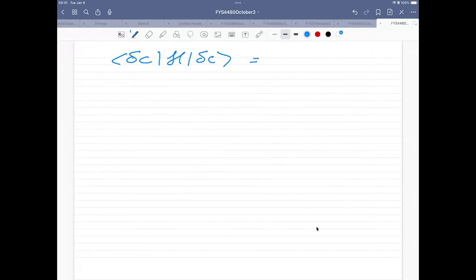This will contain one term where I have a_AI and some b_J, and then there's going to be a delta C_IA complex conjugate, and a delta C_JB, like that.